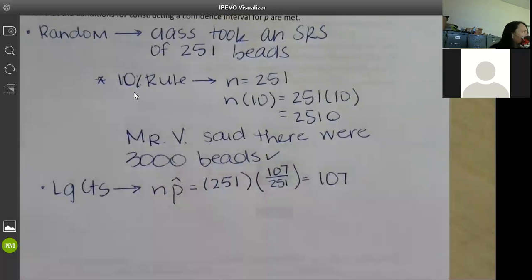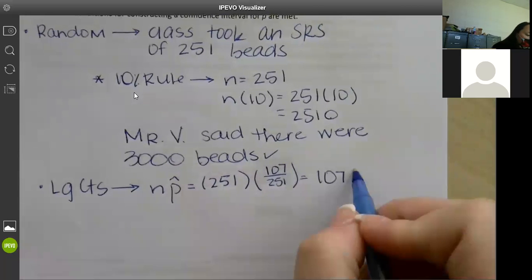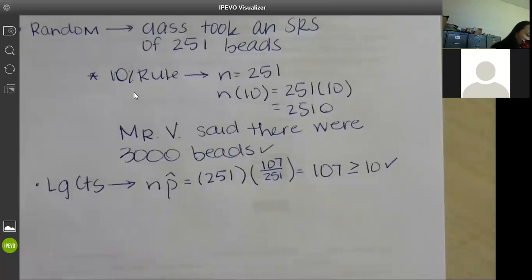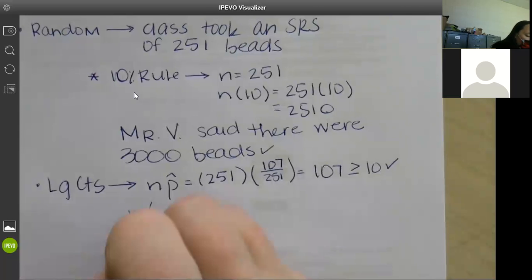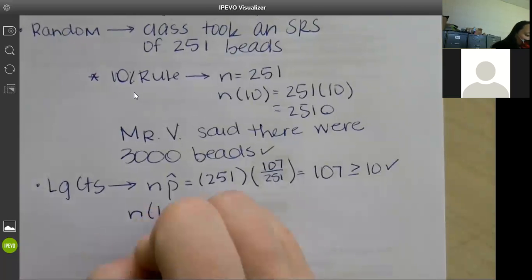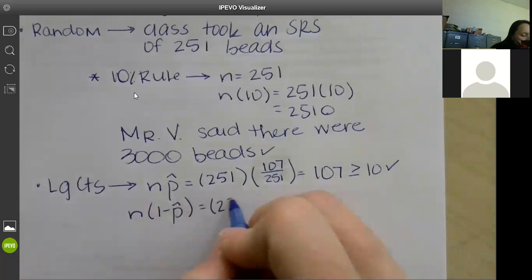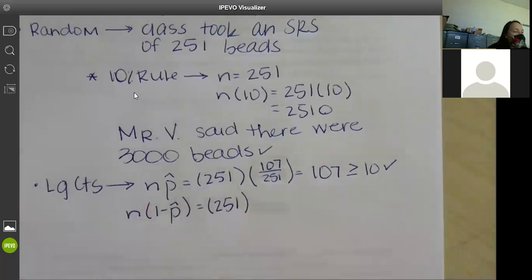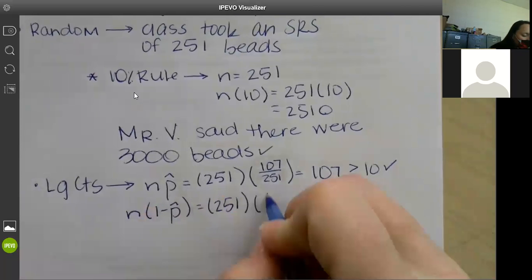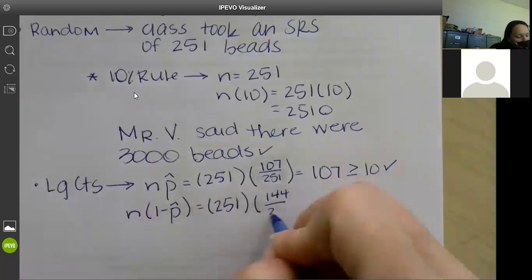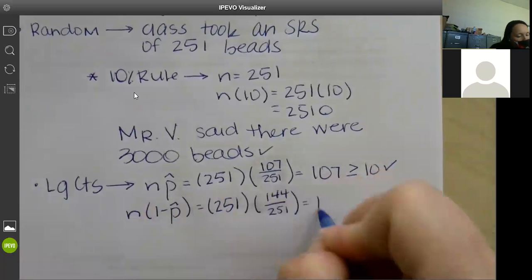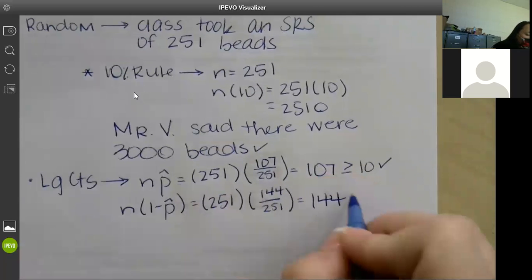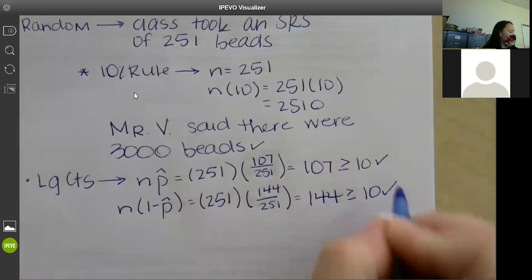Is that greater than or equal to 10? Yes. The proportion that were not read was 144 out of 251. Again, doing quick math, your 251s will cancel out, leaving you with 144, which is greater than or equal to 10.